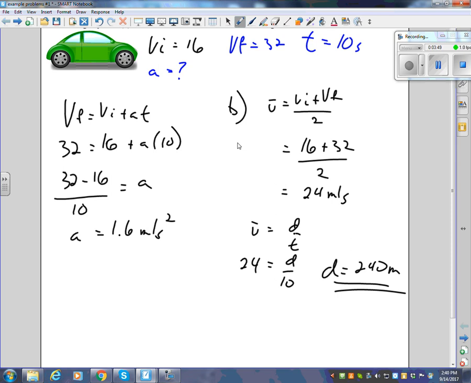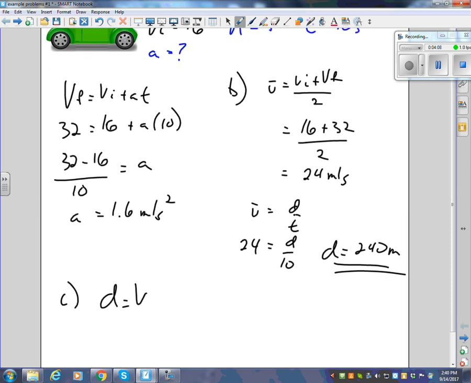2 steps. You could also avoid all of part B and do what? How would we get part C without doing V bar? Equation 2, Johnny? Yeah. Which says what? D equals VIT plus 1/2 AT squared.